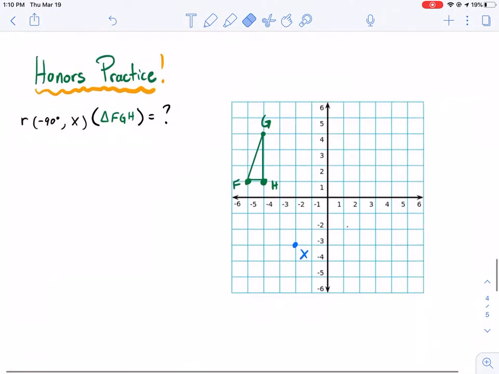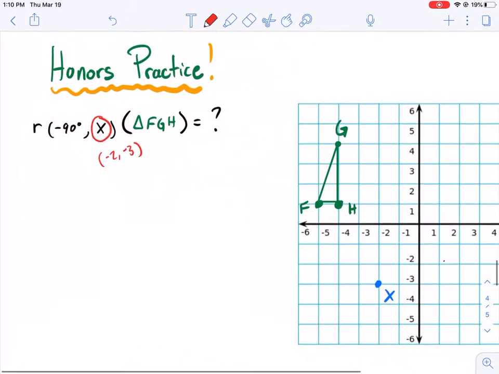So here we have some honors practice. This time we're not rotating about the origin, we're rotating about this point x, which is -2, -3. That is the point at which we're rotating. And it says we're rotating it -90 degrees. Keep in mind, -90 degrees is the same thing as a positive 270.